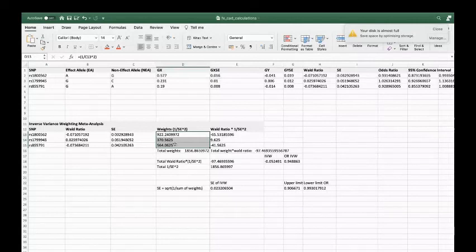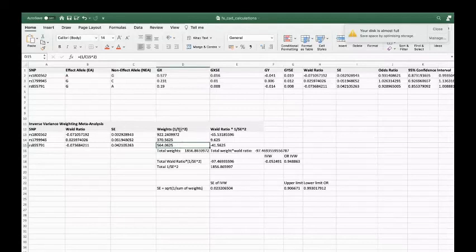The higher the weighting, the lower the standard error. So you can see that this standard error is the lowest, so it's given the highest weighting. This standard error is the greatest, so it's the most imprecise estimate, so it's given the lowest weighting. And this one is the middle one, so it's given the middle weighting.